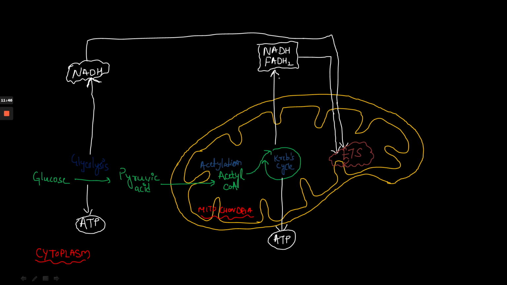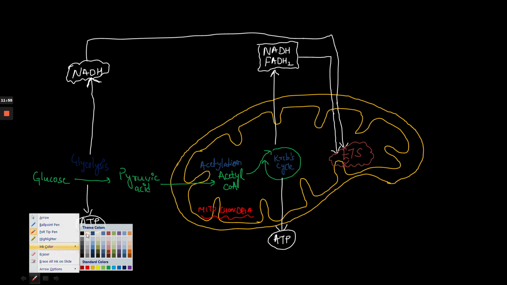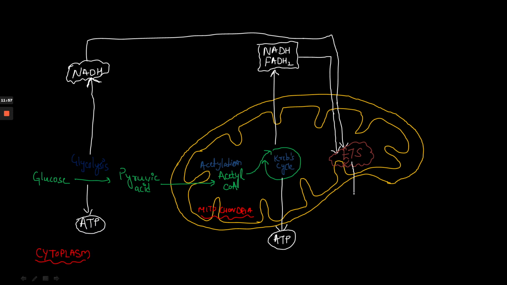And ultimately, once this NADH and FADH2 enter this ETS, after the process of the electron transport chain, we are going to get ATP. How? We will see in the details very soon, but this is the basic thing.